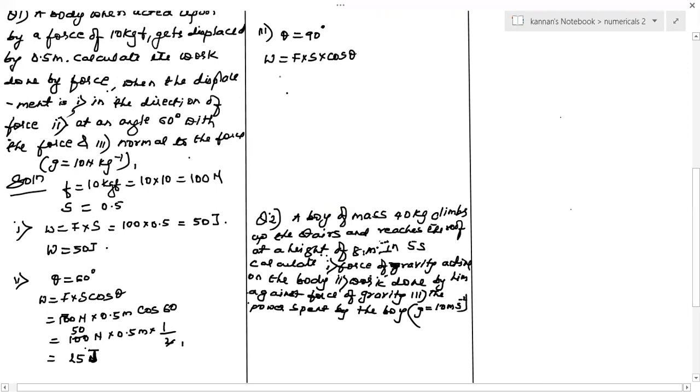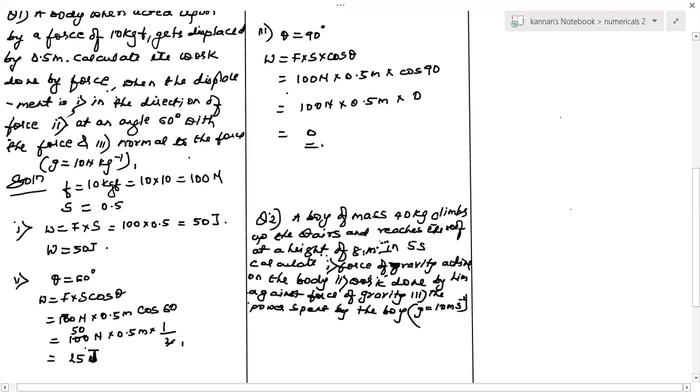The value of F we know is 100 Newton. The value of S is 0.5 meter, into cos 90. Now cos 90 is 0. So 100 Newton into 0.5 meter into cos 90, which is 0. When you multiply the whole thing, you get 0.